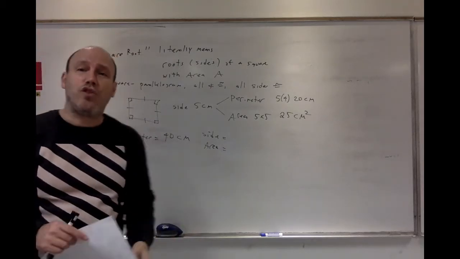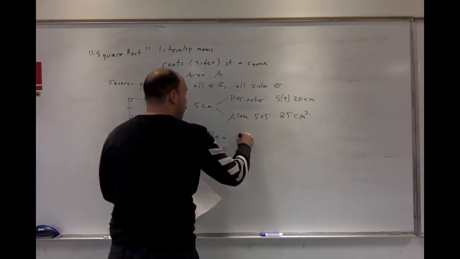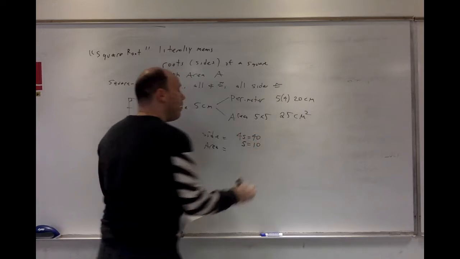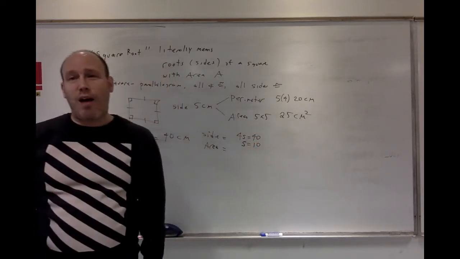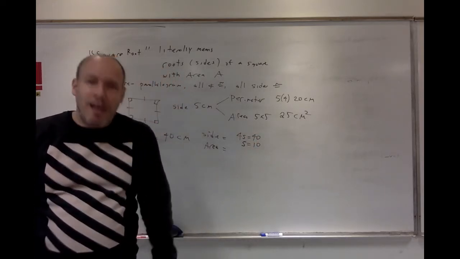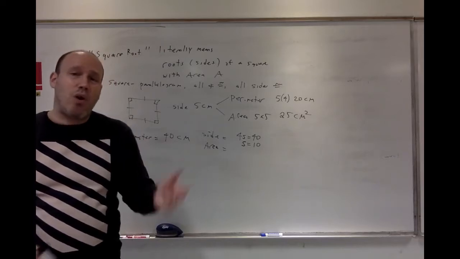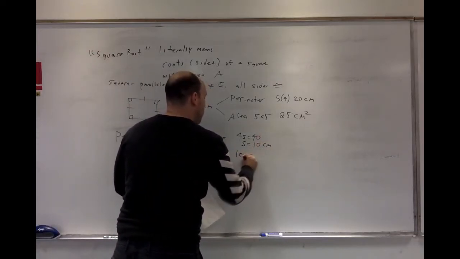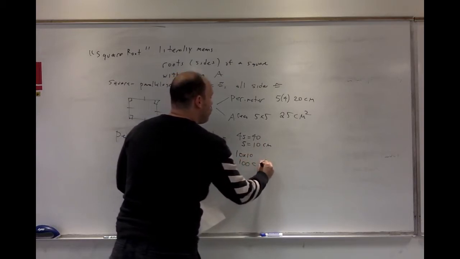If all the sides are equal, I could write the equation 4s equals 40, and therefore one side equals 10. And if 10 is a side, I know the area is 10 times 10, or 100 centimeters squared.